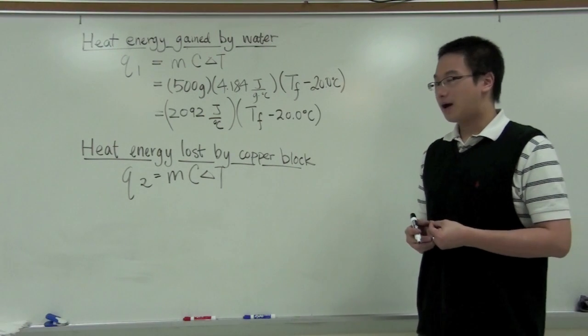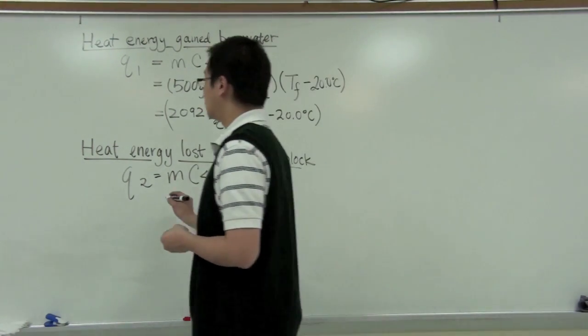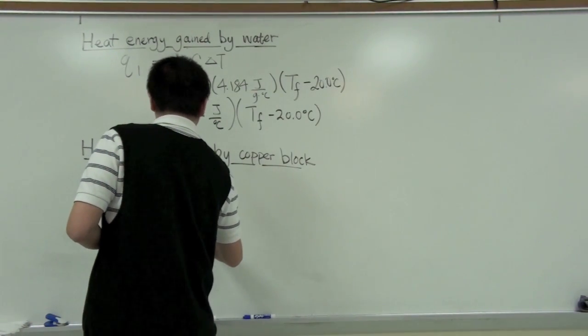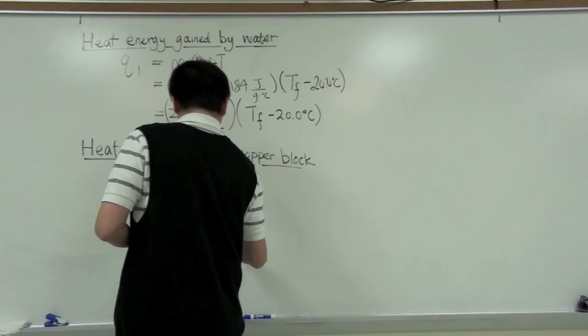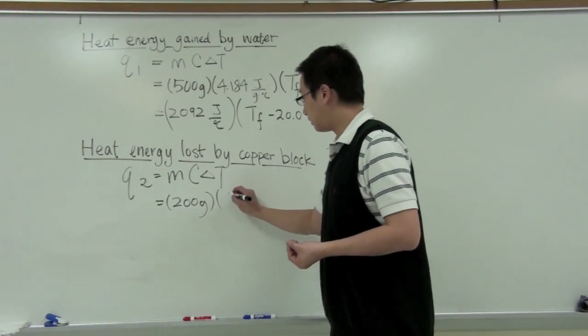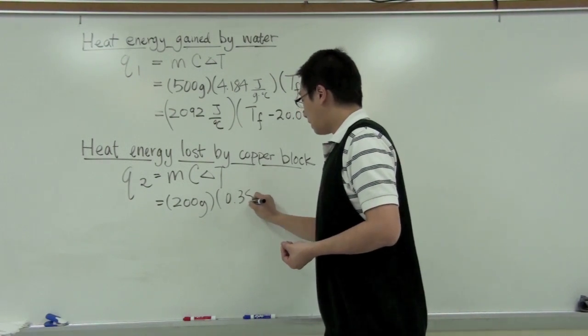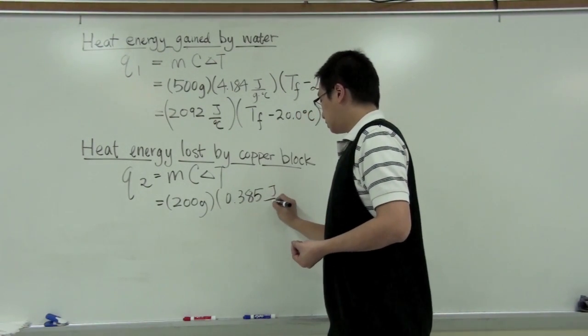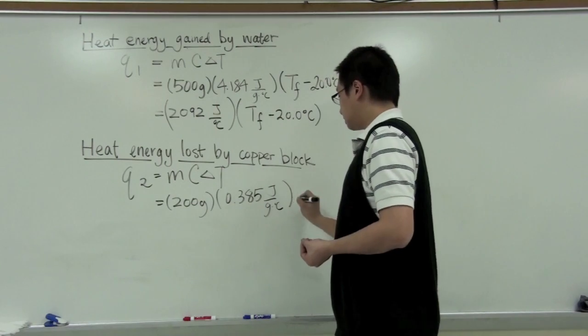The question gives you the mass of the copper block, which is 200 grams, and the specific heat for copper is 0.385 joules per gram degree Celsius.